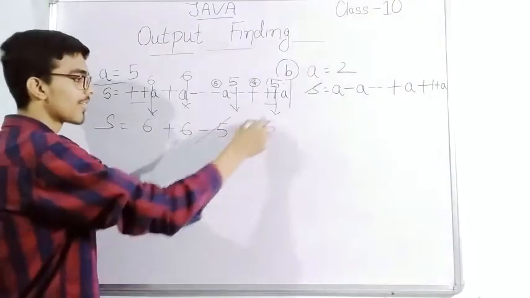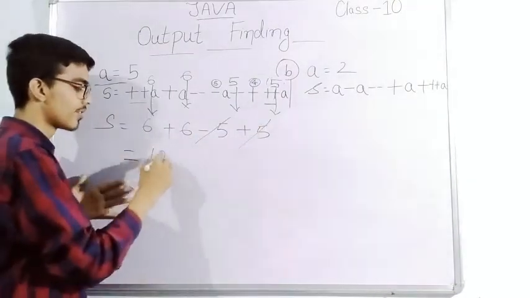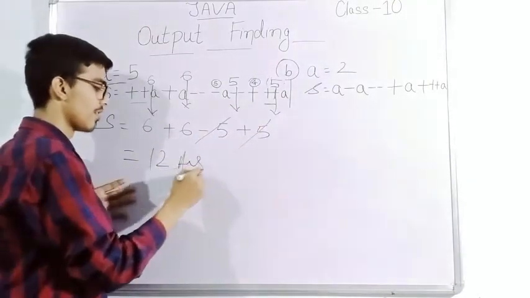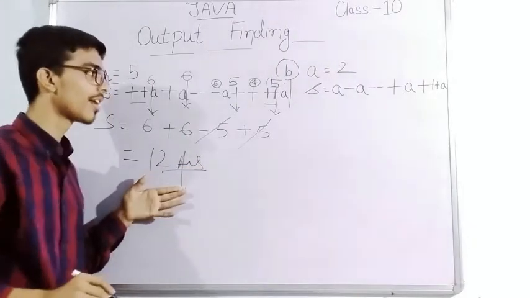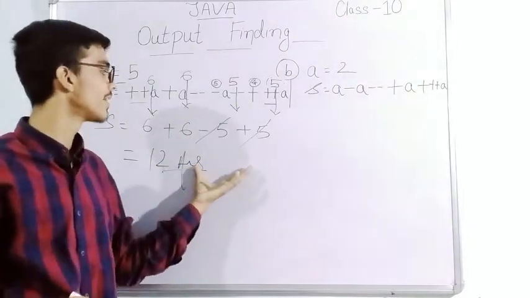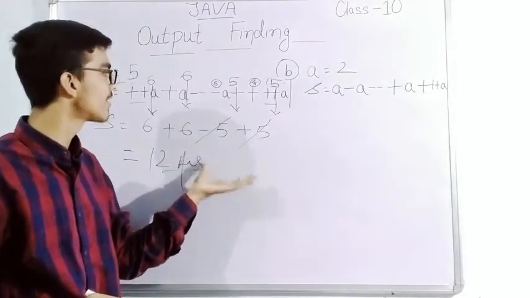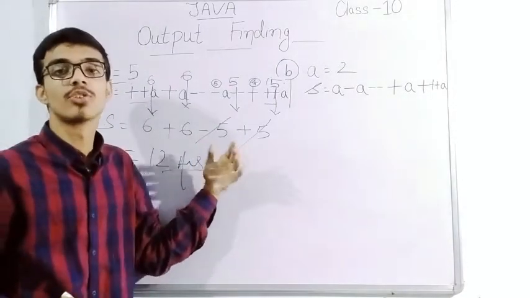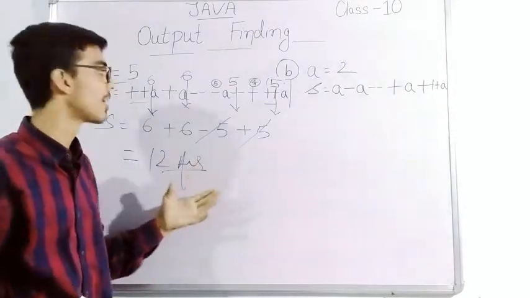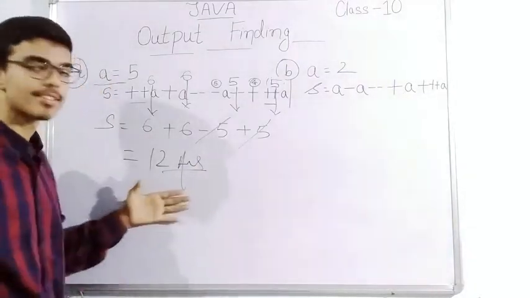So minus 5 plus 5 cancel, 6, 6, 12. We get our answer 12. You also check it, and if there is some mistake you may find it and write it in the comments. As of now I find that this is correct.